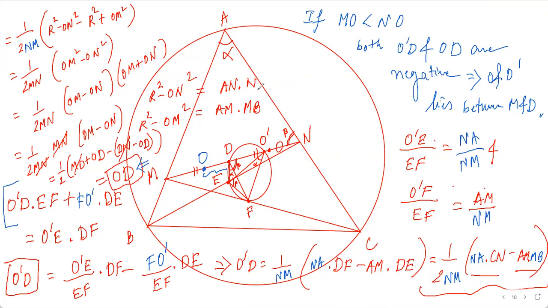Yeah, AN times NC is fine, because both are in opposite directions, so negative negative becomes positive, and AM times MB.